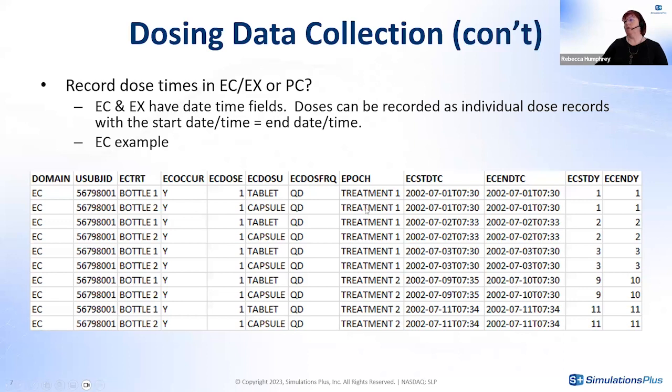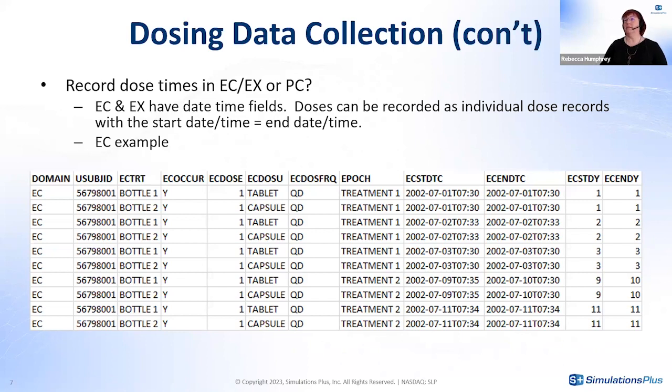What this is also telling me is that for each record, one tablet or one capsule was administered. I can also see that the subject was on treatment 1 from days 1 to 3 and treatment 2 on days 9 to 11, and that they were administered 2 pieces of medication, 1 tablet and 1 capsule, as the treatment.